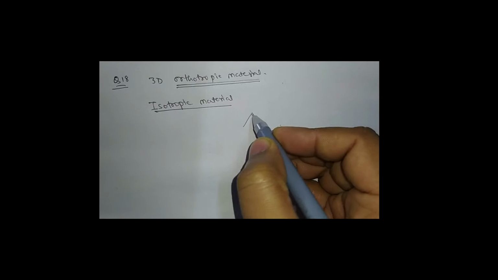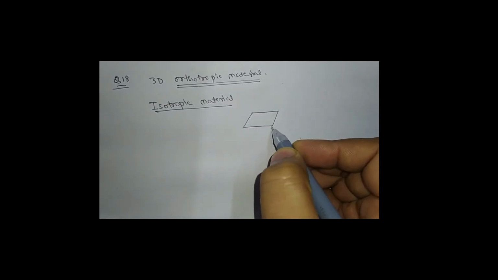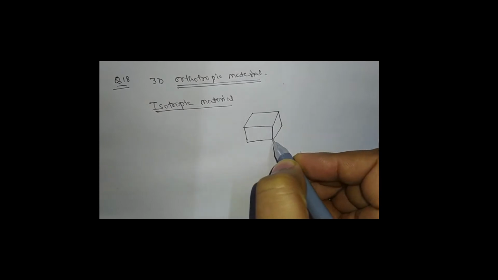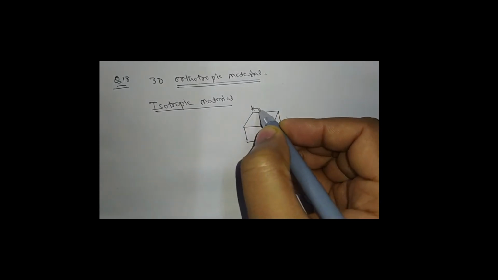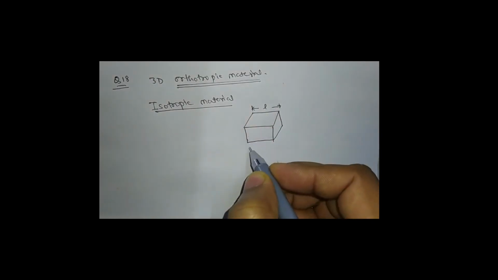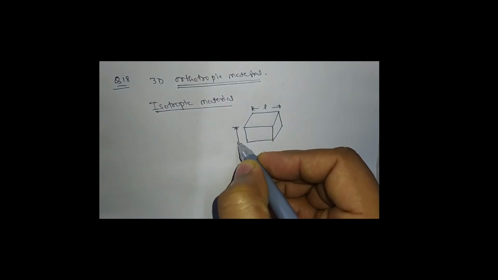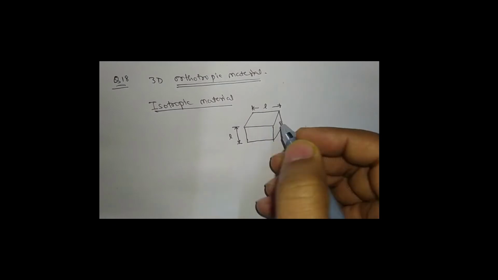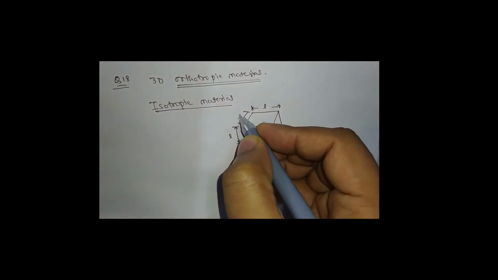For example, if this is an isotropic material with the same dimension, let's say L, or say it's a cuboid, and this is also L, and this is also L.